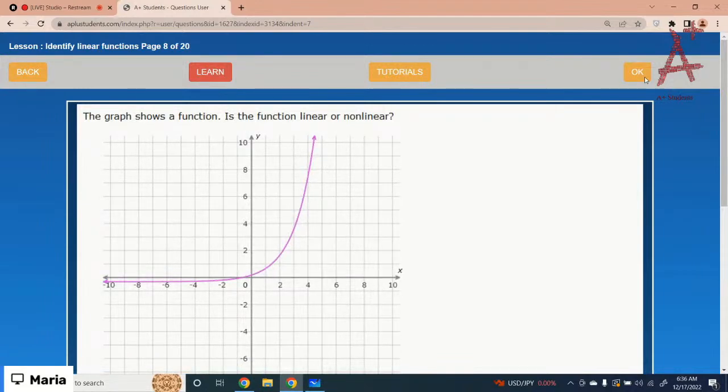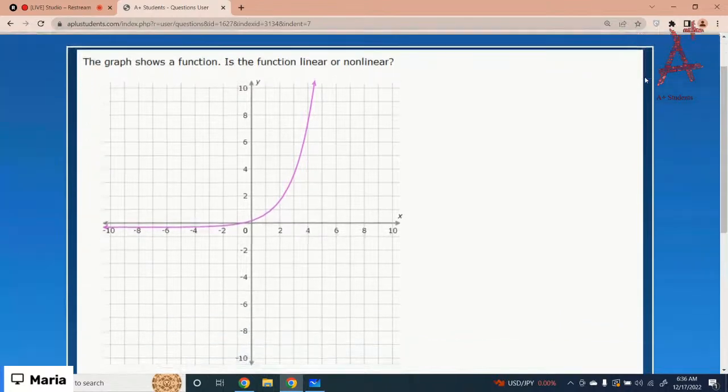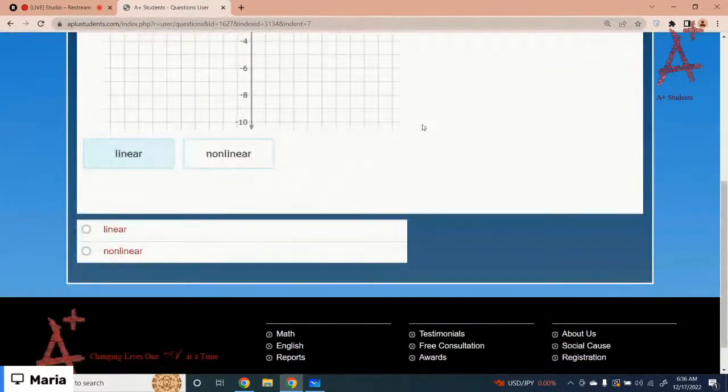The graph shows a function. Is the function linear or non-linear? Yes, the linear one. Non-linear one, sorry, the graph isn't a straight line. It is non-linear. Got it?